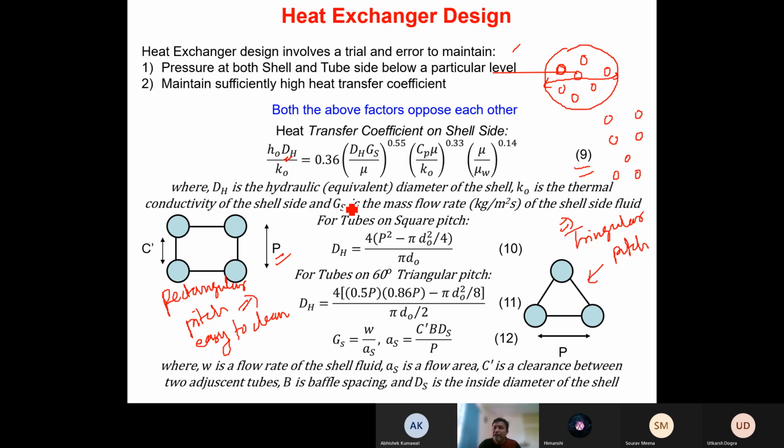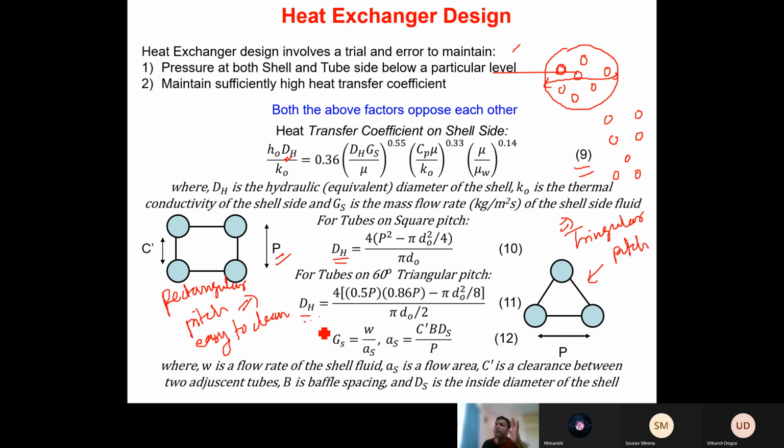Okay. So depending on whether we are using a square pitch or a triangular pitch, this hydraulic radius expression will be different. For a square pitch, we get a hydraulic radius like this, whereas for a triangular pitch, we get a slightly different hydraulic radius. Again, note that here the hydraulic radius is calculated in a different way compared to when we calculate it for a pressure drop problem.